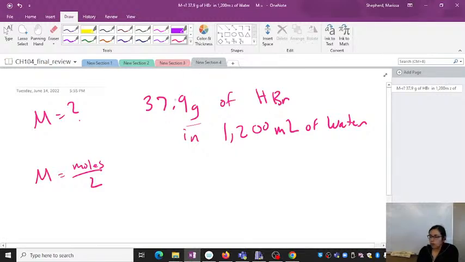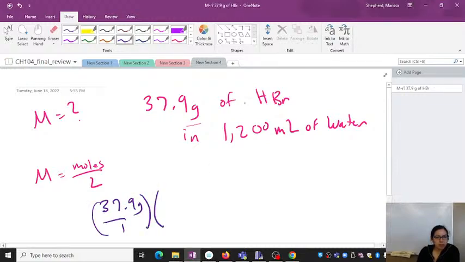So what do we need to convert grams to? So moles. And so let's do that. So 37.9 grams, and then what's the molecular weight of HBr? 80.912.